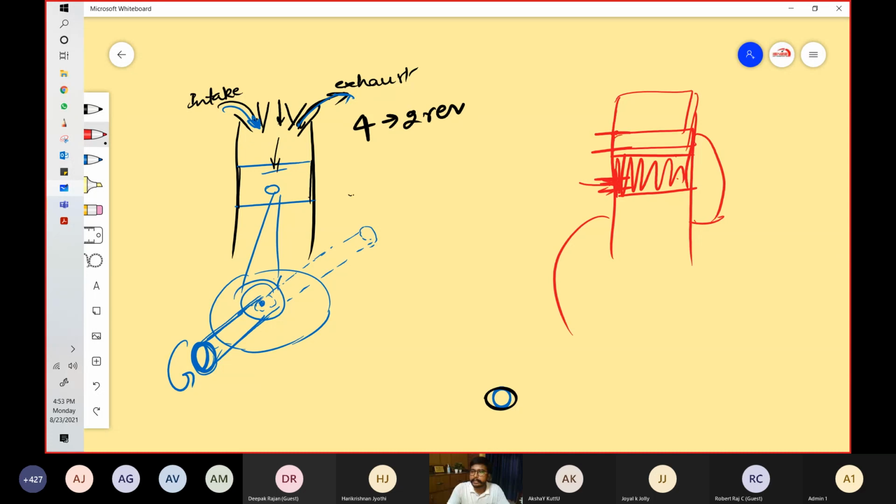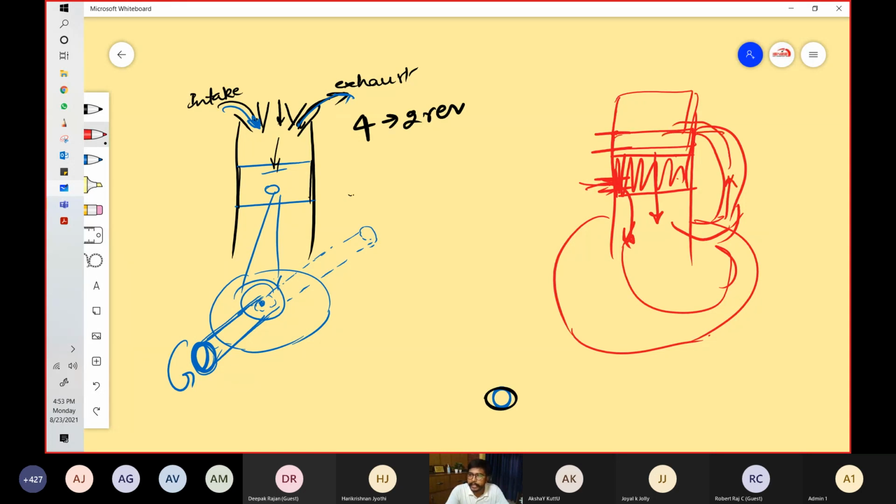Basically what happens inside this engine, the fuel comes in and it is stored inside the fuel sump. Then the transfer port: when the piston comes downward, the fuel starts traveling upward and it is sent inside the combustion chamber from here. This is the work of the intake port.